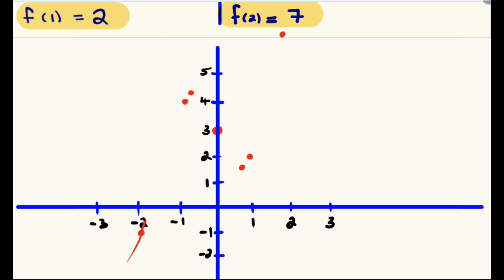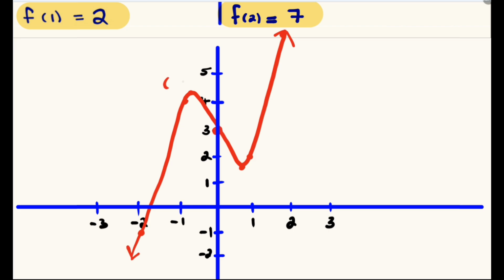So we draw our graph, and we have our turning points, and there it continues. I trust that you guys will put in the turning points, and we also have to label our y-intercept, the 0 and 3.